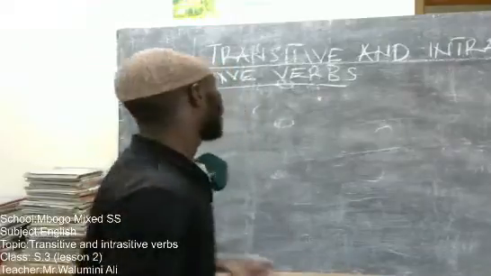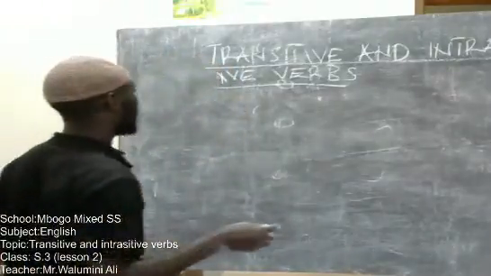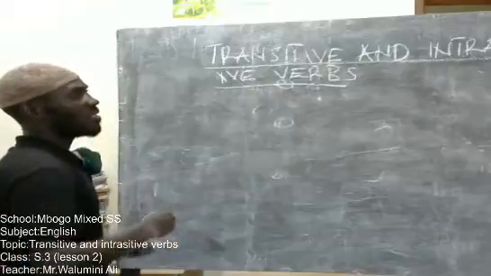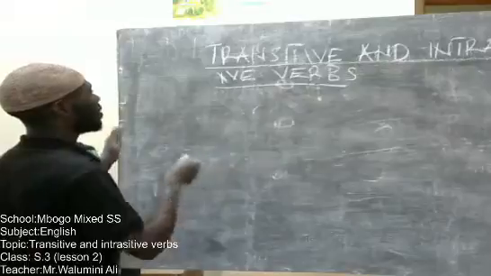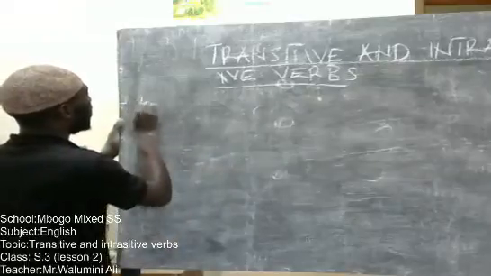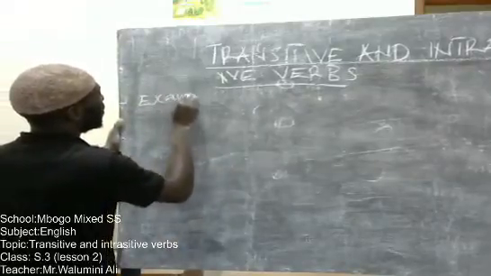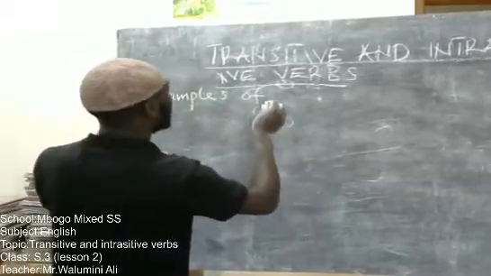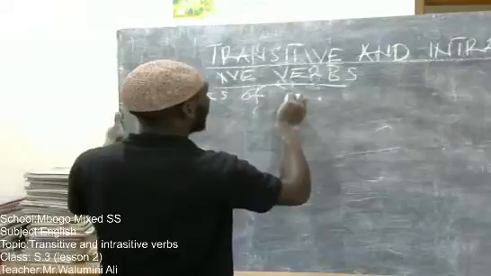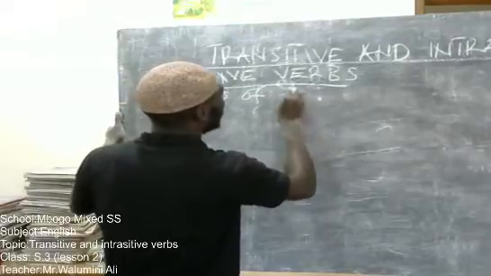Let us first have, if you like, three on one side and three on the other side. So we can say, examples of transitive verbs.